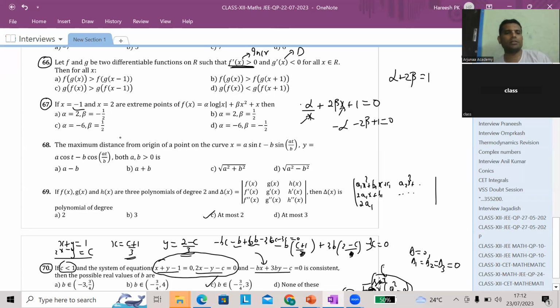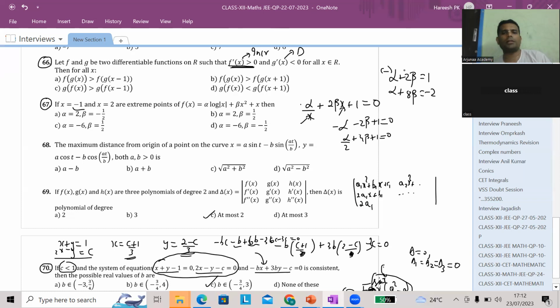This is first equation. Then put x as 2. So you'll get alpha by 2 plus 4 beta plus 1 equal to 0. So you'll get alpha plus 8 beta is equal to minus 2.